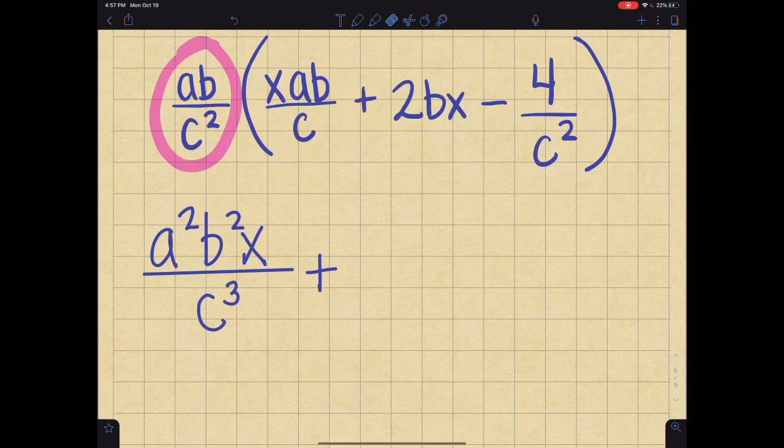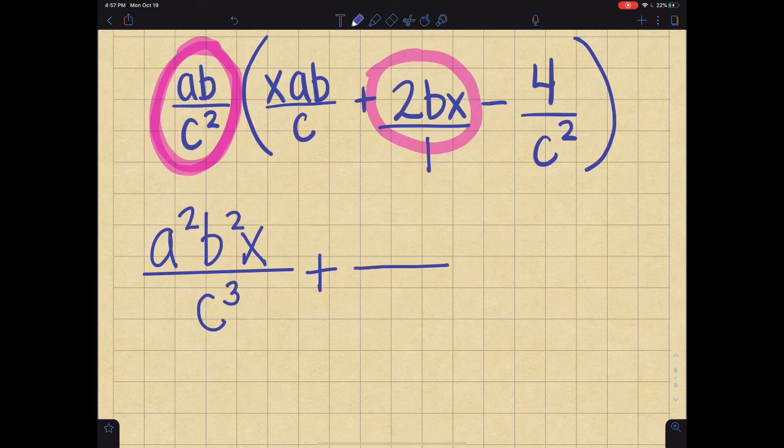All right, let's get ready to do the next multiplication problem, which is this times this middle one. And we're going to think of that as an expression over 1, because that makes it easier to multiply. Now, on the top, I'm going to have a 2. I'm going to have an a, only one a because of this guy right here. How many b's?